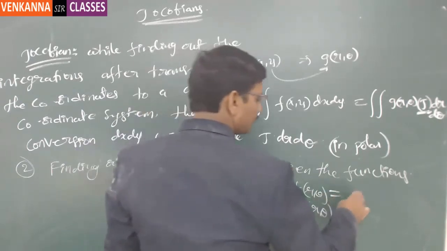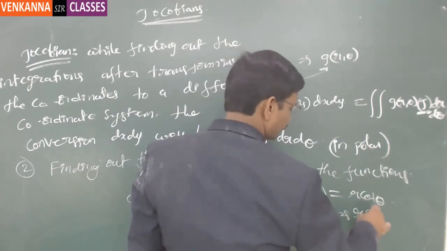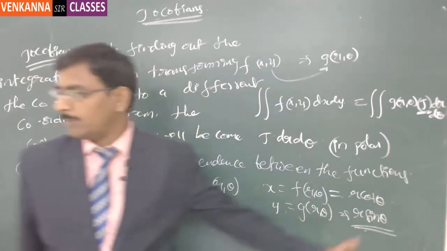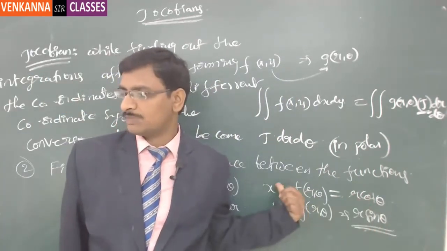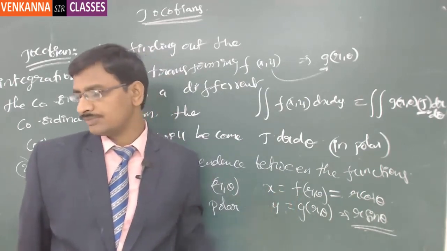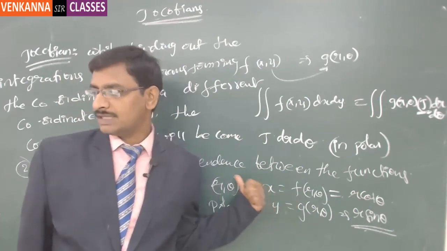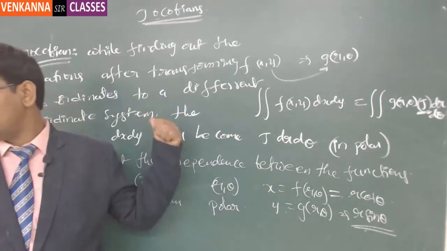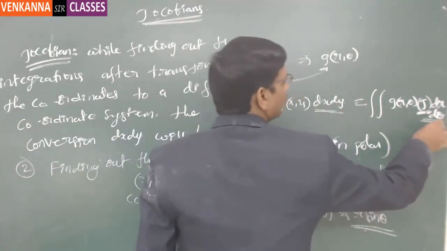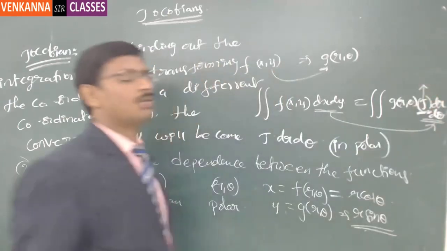Here x is nothing but r cos theta and y is nothing but r sin theta. If you notice, both are dependent on r and theta. Got it? Now in such cases, while doing the integration, if you want to convert dx dy into r d theta, then this Jacobian has to be calculated correspondingly.